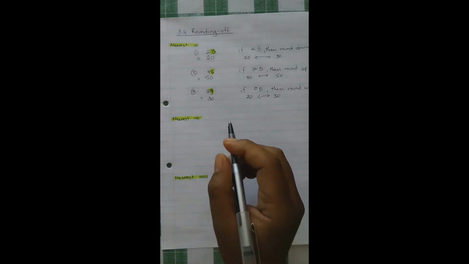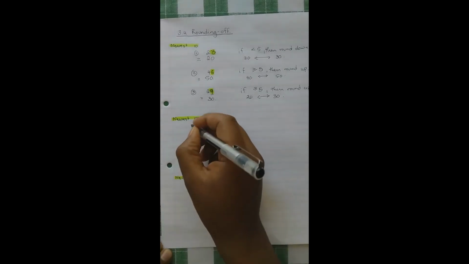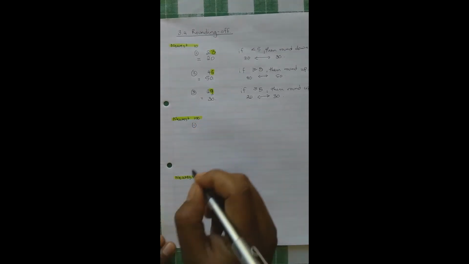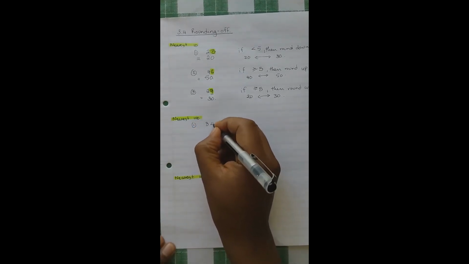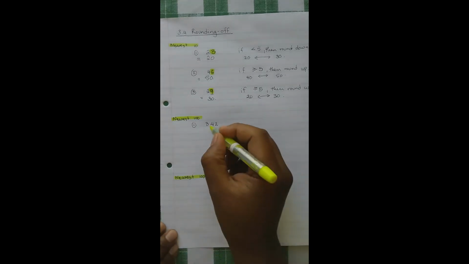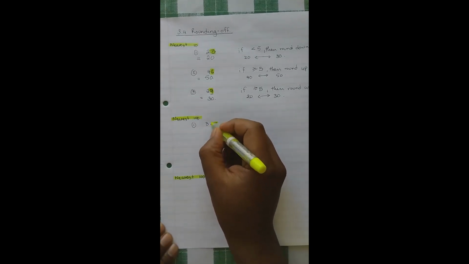Let's have a look at rounding off to the nearest 100. Again, let's take some examples. Let's round 342 to the nearest 100. In this case, we are going to consider not only the unit, but the 10 as well.